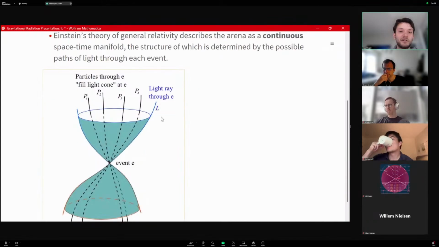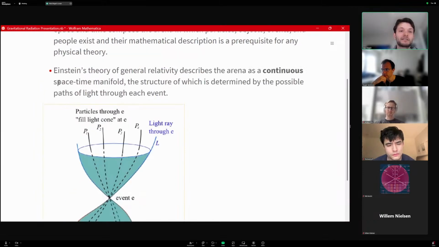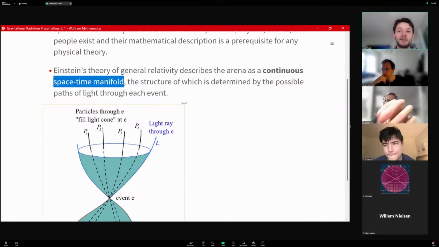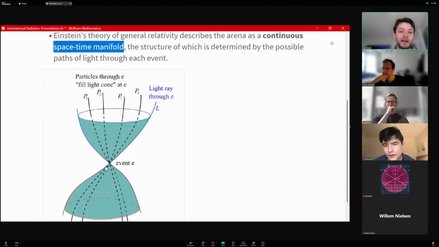And this is a good illustration of what I mean by that. So in order for it to count as a space-time manifold, that means that locally any event has possible paths of light leading through it, which form this conical structure.